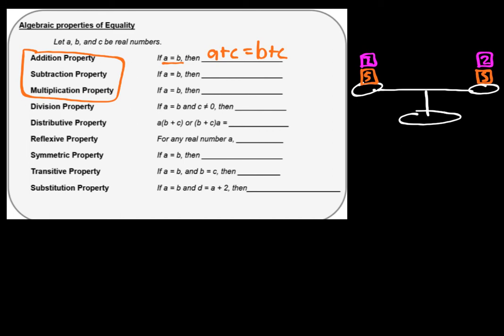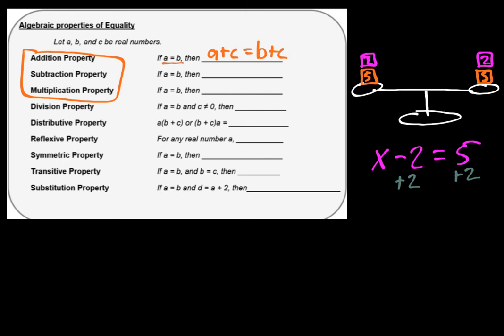Now, the way you've done this in the past would be in equation form. You've probably solved equations like this, x minus 2 equals 5. We applied the addition property by solving this equation. What you would probably do naturally would be add 2 to both sides. Now here's the question though: why are you allowed to do that?